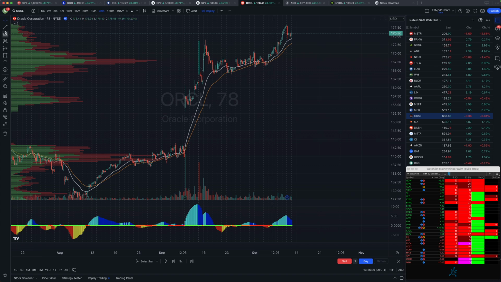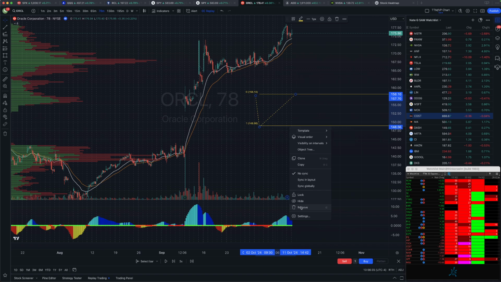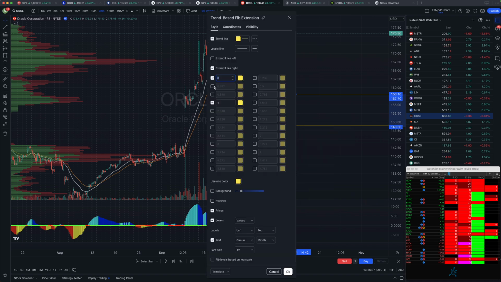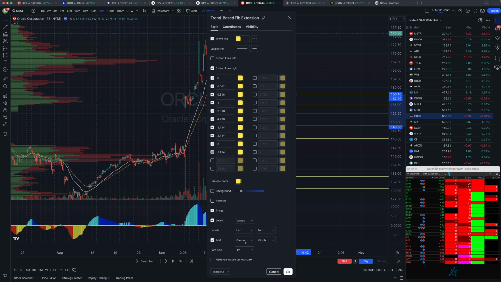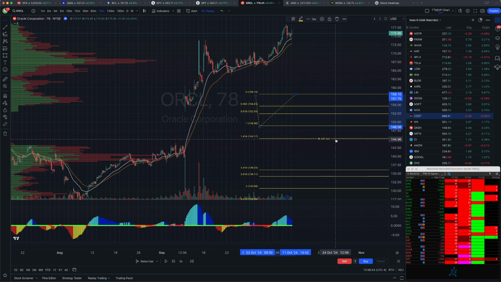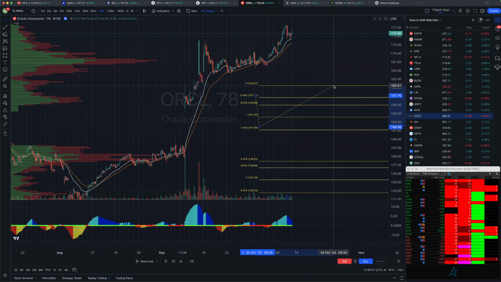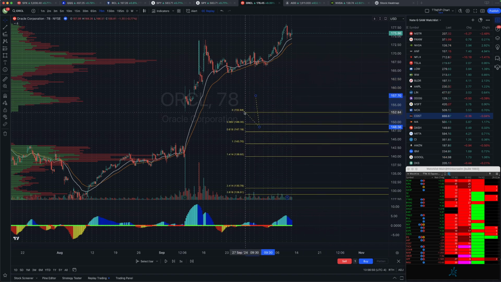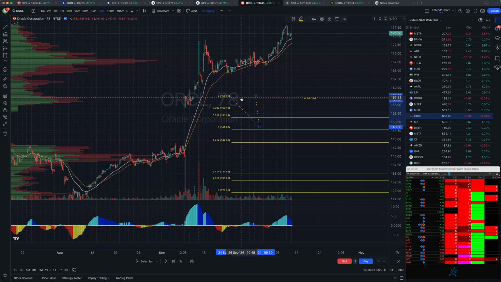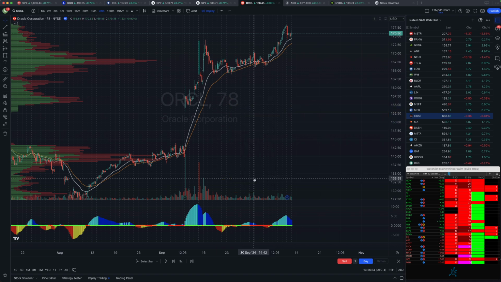You have to adjust it so that it's giving you exactly what you want. Because you could come in here and turn on all this stuff, and it probably starts that way, and then it's like, oh God, what am I looking at, right? And for most of us that trade this way, we just want to know what the 100% retracement matchup looks like.